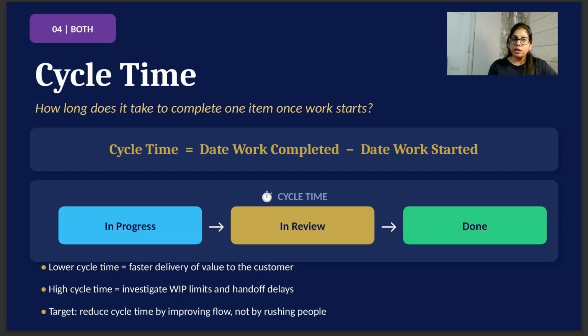What should be your target if you use cycle time as a metric? Reduce cycle time by improving the flow. You don't have to rush people. Gradually, if the cycle time of the team is improving, it means that the flow is improving and the team is getting better at agile ways of work.